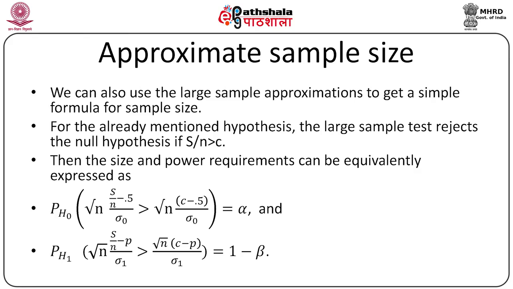If sigma i square is the asymptotic variance of square root of n S by n under Hi, then the above requirements can be equivalently expressed in terms of the standardized variables square root of n (S by n minus 0.5) divided by sigma naught, and square root of n multiplied by (S by n minus p) divided by sigma 1, as in the slide, so that large sample distributions of these variables can be used.